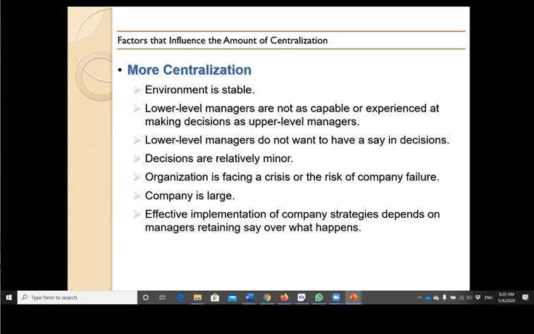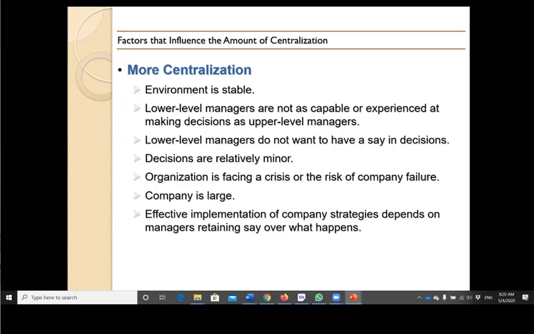Right? It means the time and the effort to be used to solve the problem is less. Right?